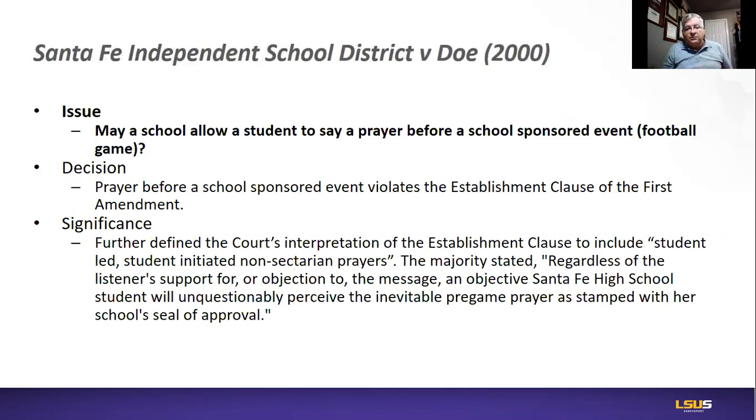So here's what else they said. They said that the Establishment Clause includes student-led, student-initiated, non-sectarian prayers. Regardless of the listener's support for or objection to the message, an objective Santa Fe high school student will unquestionably perceive the inevitable pregame prayer as stamped with her school's seal of approval.